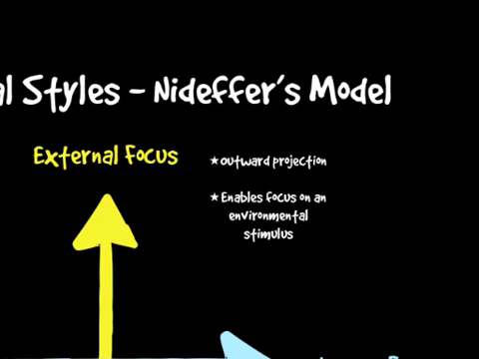So that enables us to focus on an environmental stimulus. For example, again, if I was playing cricket, I'd be focusing on the bowler running up towards me. That's an external focus, it's outside of me, it's nothing to do with me. An external focus might also be looking at the crowd, because they're external to me.